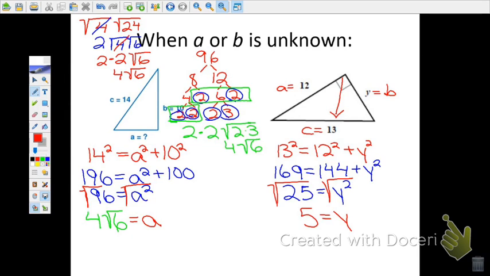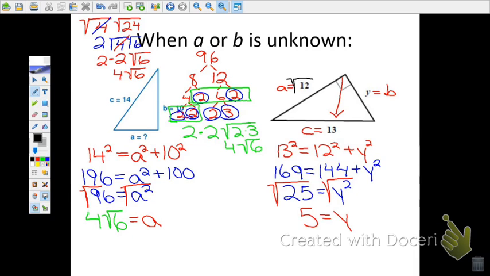Want to talk about one other thing. You will see some of this in your assignment. What if instead of having this side length of 12, it was the square root of 12 instead of the integer 12?